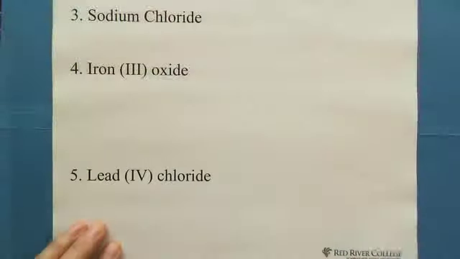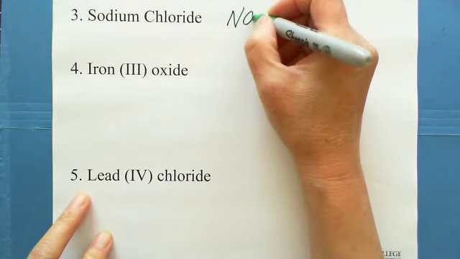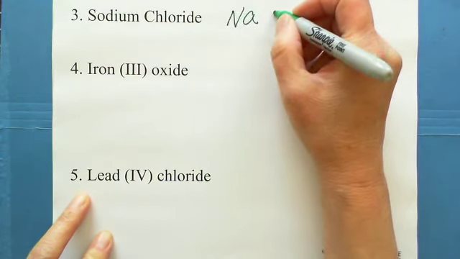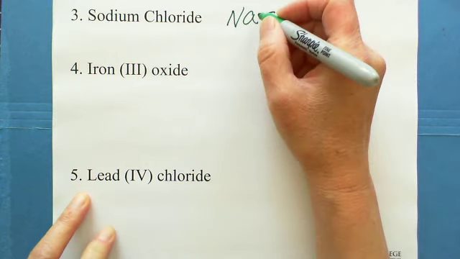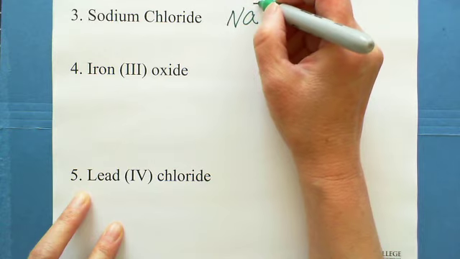Next I have another example, sodium chloride. Sodium is metal, chloride is non-metal. So we can write the symbols first. Sodium is Na, chlorine is Cl. Sodium is the first group, an alkali strong metal, is +1.